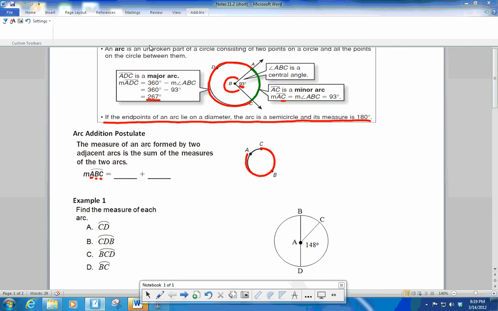So that would be the measure of arc AB plus the measure of arc BC. So it's pretty much like the angle addition postulate and the segment addition postulate.